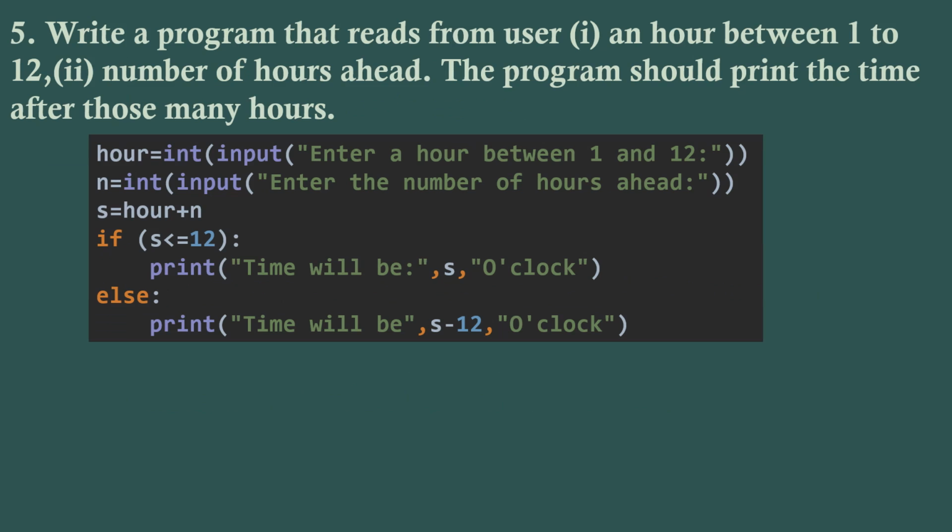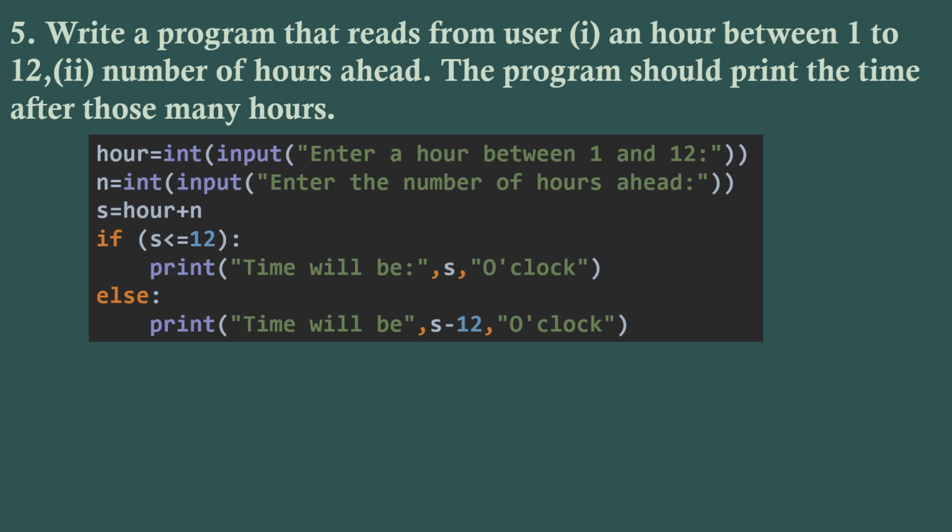Now write a program that reads from the user an hour between 1 to 12, and a number of hours ahead, and the program should print the time after that many hours. So hour is a variable which will store the hour value entered by the user. The user has to enter an hour value between 1 to 12, which has to be converted into an integer and stored in a variable called hour.